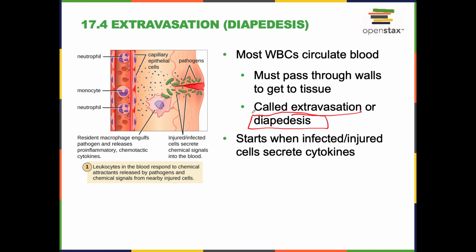And this gets triggered when infected cells or injured cells secrete cytokines. Cytokines, right? This mediator. So in here are these cytokines, and what happens is that the gap junctions here start to become smaller. So they make these big old holes, and then it's actually a little bit more complicated than that.